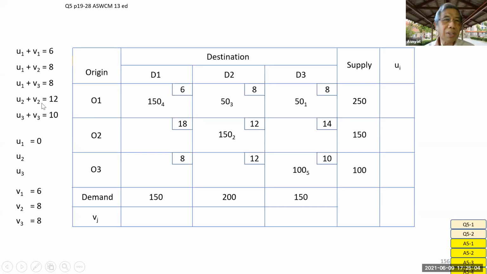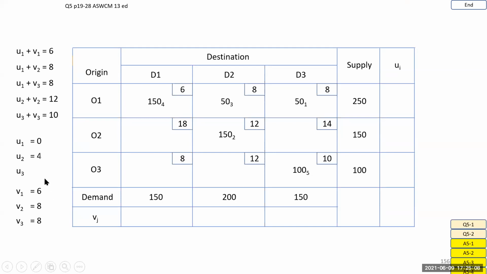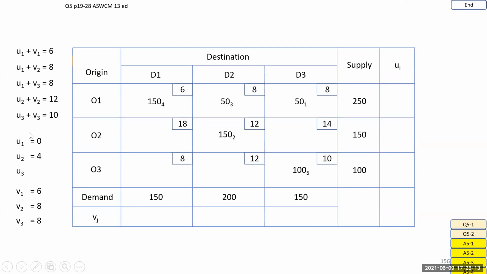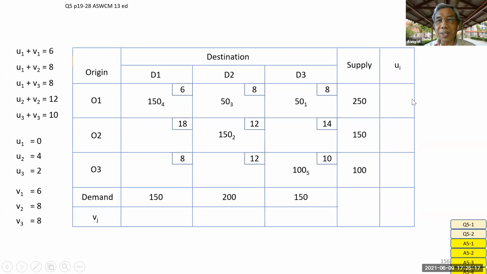Now with this V2, you can find U2 equals 4. And then from here, U3 equals 2. Then write down here: 0, 4, 2 and 6, 8, 8.